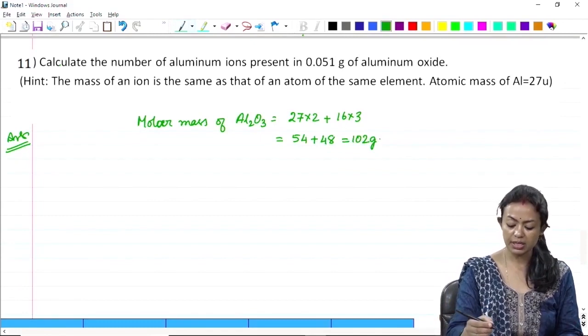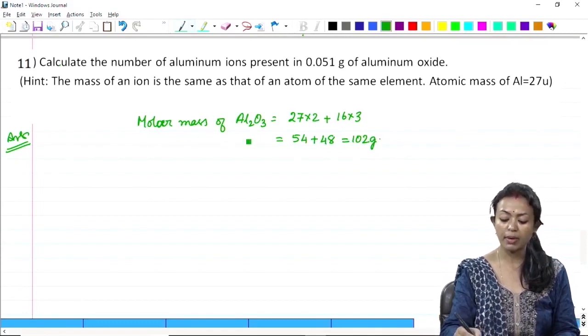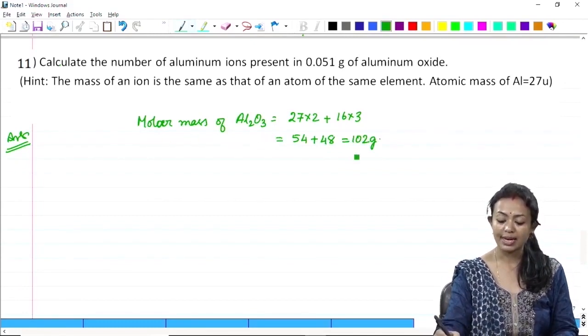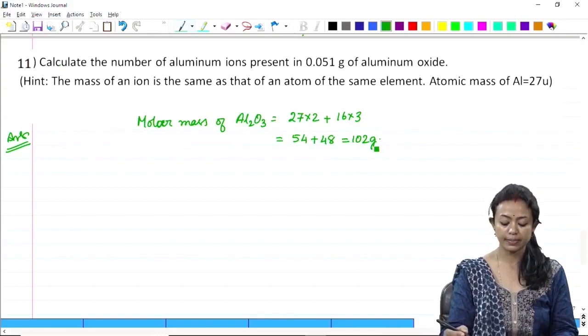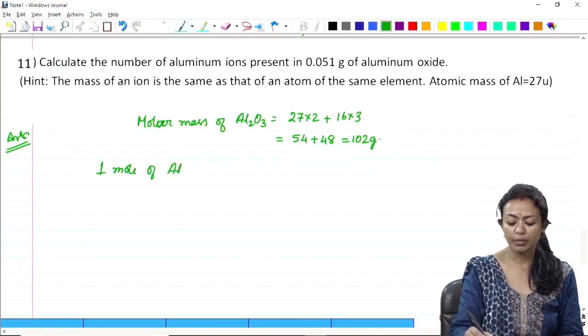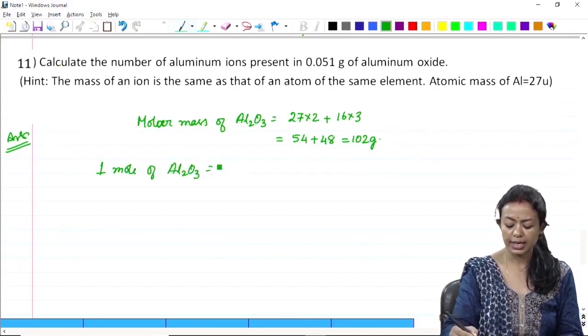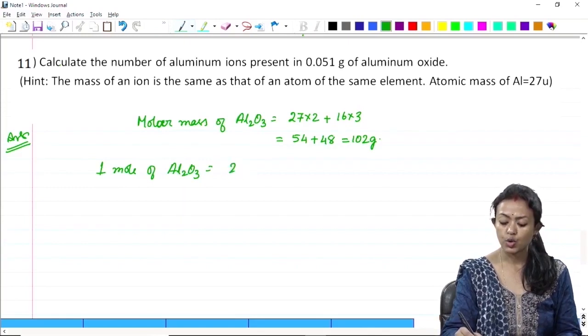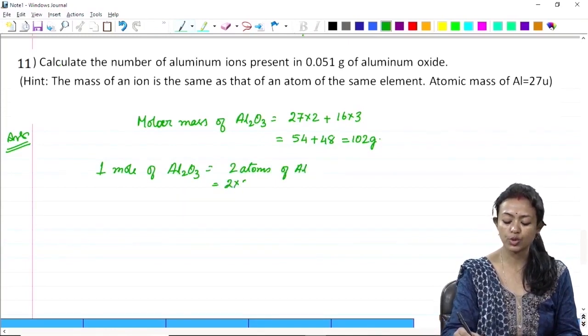So it means that the molar mass of aluminum oxide is 102 grams. Also, 1 mole of aluminum oxide contains 2 atoms of aluminium, which is equal to 2 into 27, that is 54 gram.